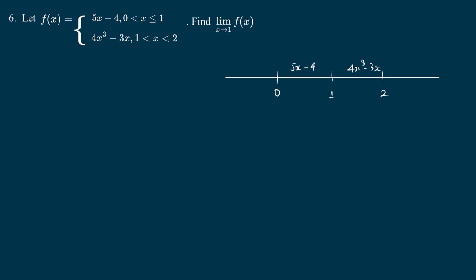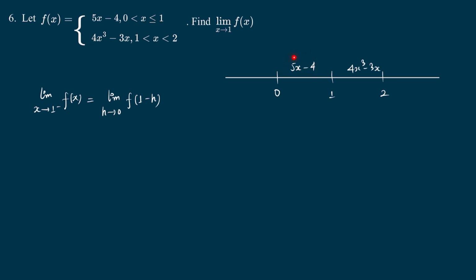Now we have to find the limit x tends to 1 of f(x). First let me find the left hand limit. Left hand limit will be limit x tends to 1 minus of f(x), which equals limit h tends to 0 of f(1 minus h). Since we are approaching 1 from the left, the function is 5x minus 4.